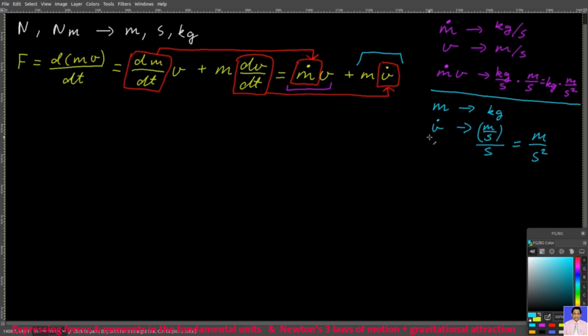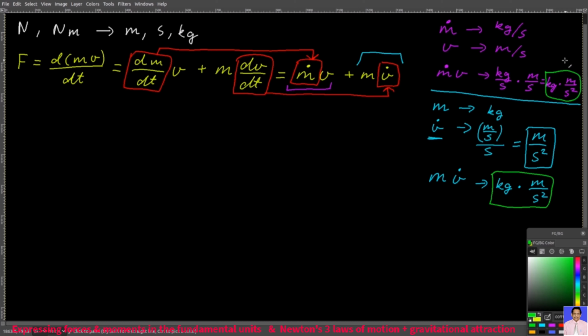So v dot, that's your acceleration, and the unit of acceleration is meters over second squared. And so the total unit of the second term, m times v dot, that's kilograms times meters over second squared. You can see that it's the same that you had for the first term.